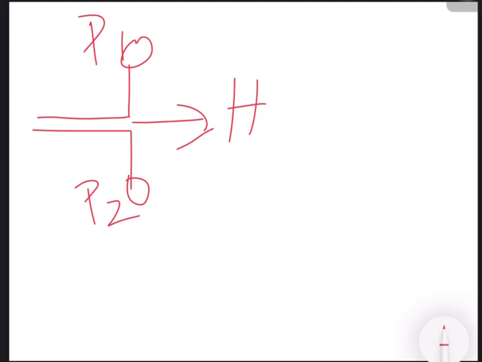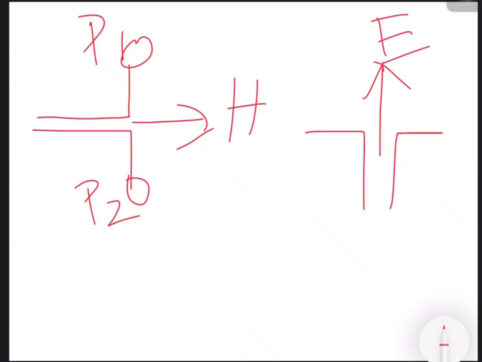Suppose I place this antenna in a vertical direction, like this, and the waves of propagation are parallel to the electrical lines of force, then the radiation pattern which I obtain is called the E field radiation pattern.